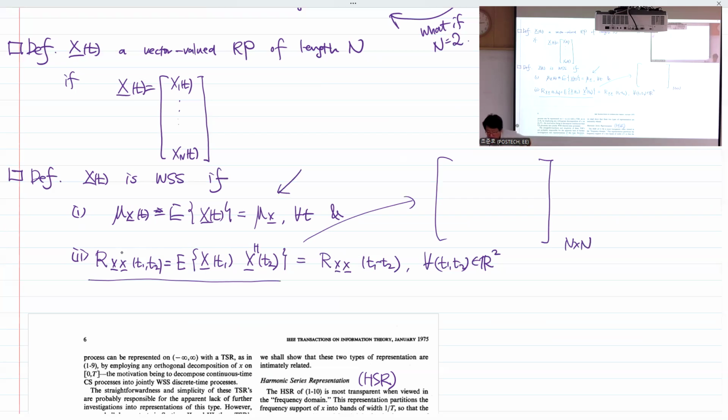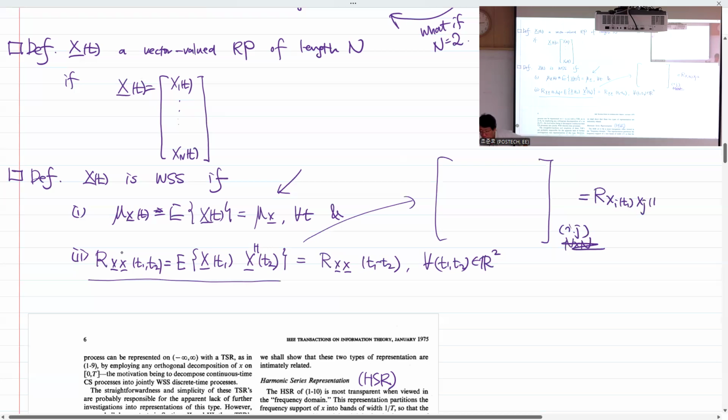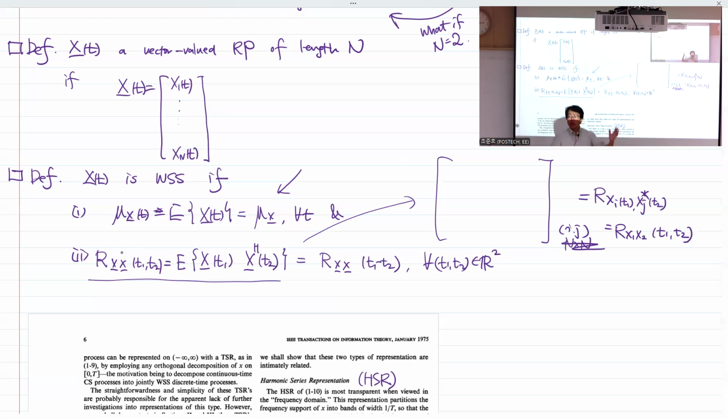And here, usually we say the ijth entry of this matrix equals what? xi t1, xj t2, right? And we may just say x1, x2, t1, comma, t2. Got it? So your diagonal entries are related to the autocorrelation functions of each component random process. And your off-diagonal elements are related to the cross-correlation functions.